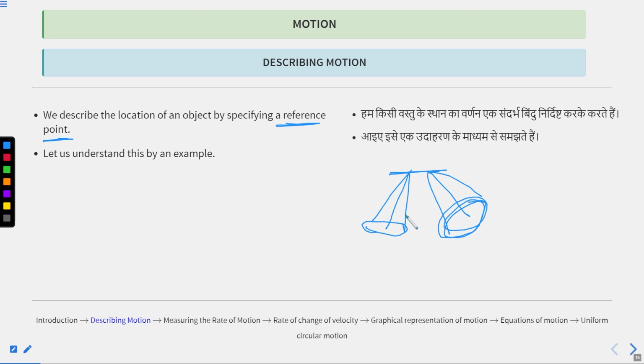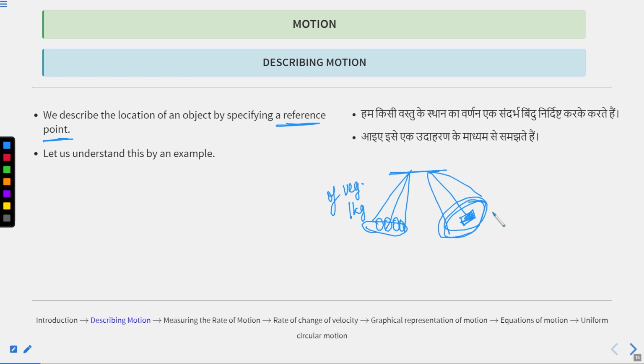How do you weigh your vegetables on this type of weighing machine? If you want to purchase 1 kg of vegetables, what will you do? You will put a 1 kg block on the other side to balance the scale.